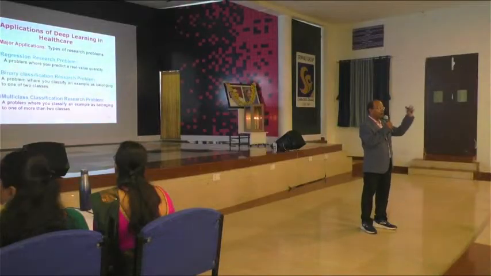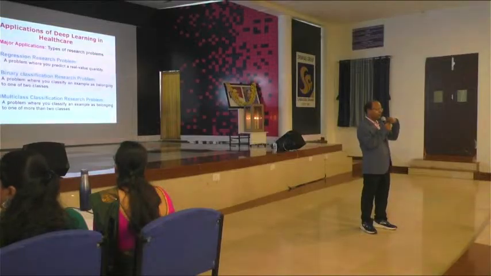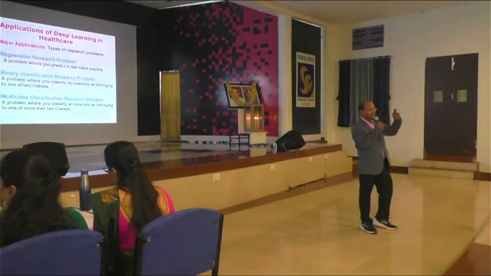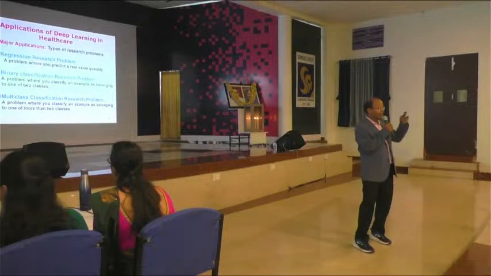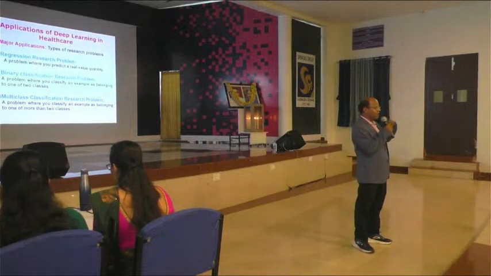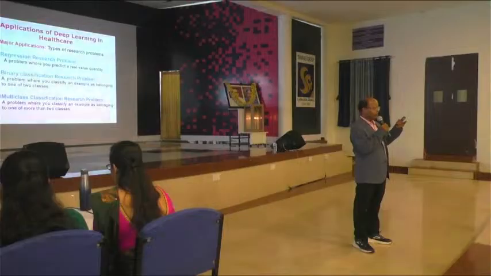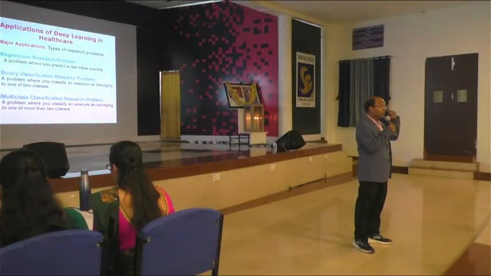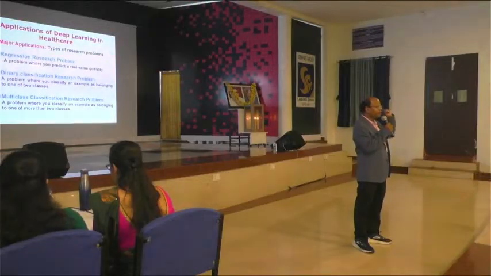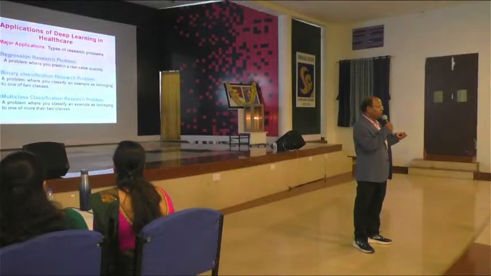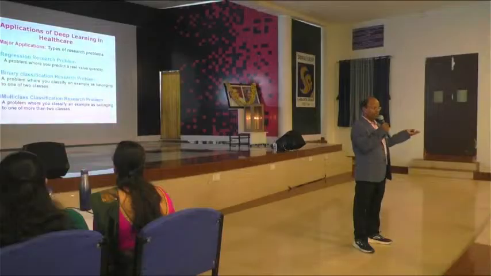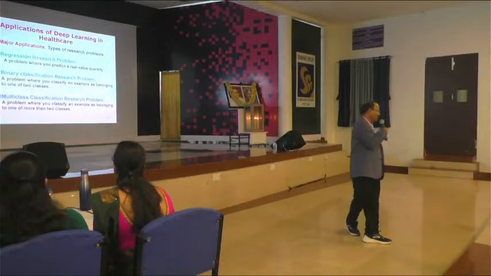Best example, you cannot forget: take your facial image, give it to AI algorithms, and tell the algorithm to predict the age of a person. Age of a person is a number, which is a real value quantity. So that's called the regression task. If your background is agriculture, predicting the crop yield is another example of the regression task.